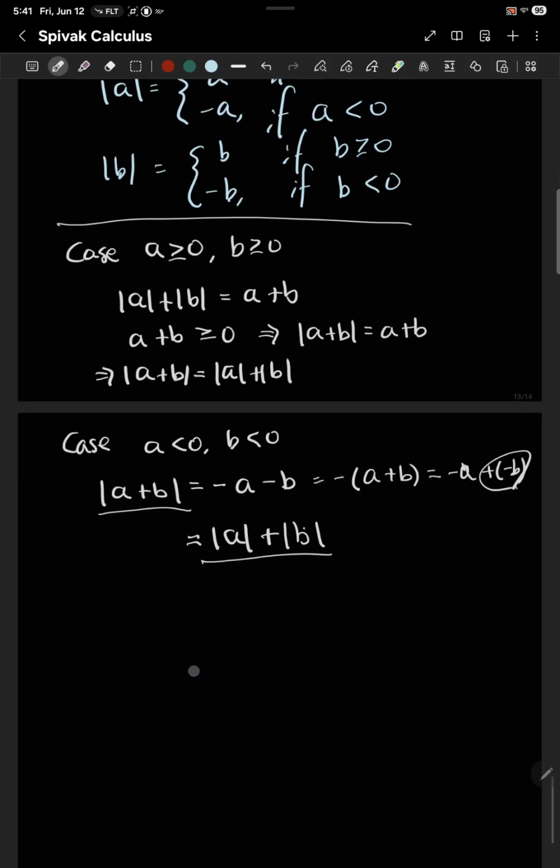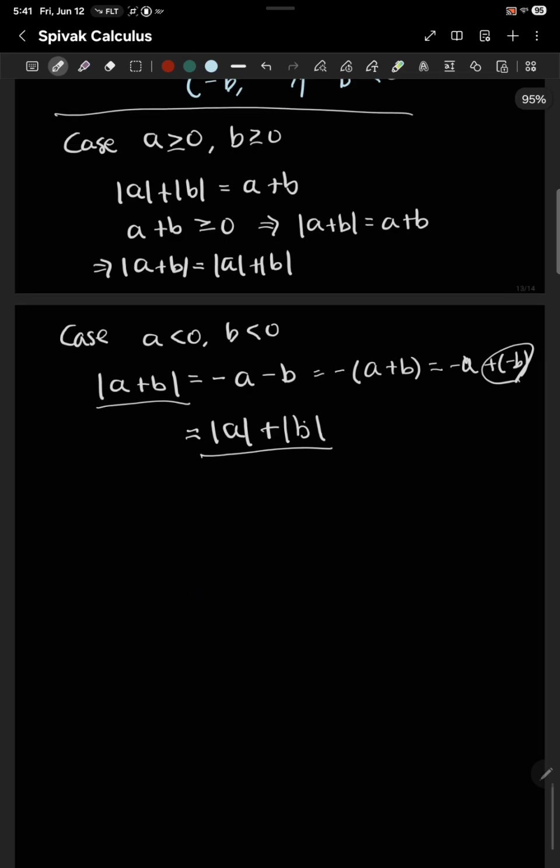So let's consider the cases where one is positive and one is less than 0, which is not very intuitive, maybe intuitive for some, but not for me at least. If something is 0, then we don't even need to worry about it, but let's take care of it.